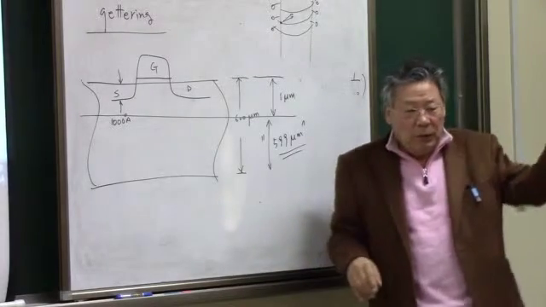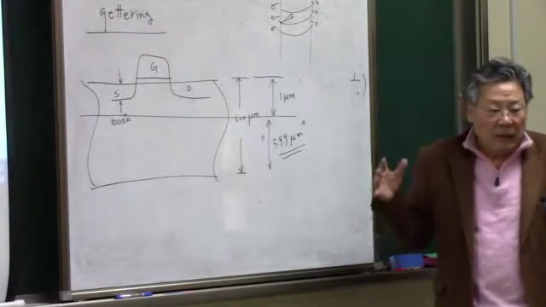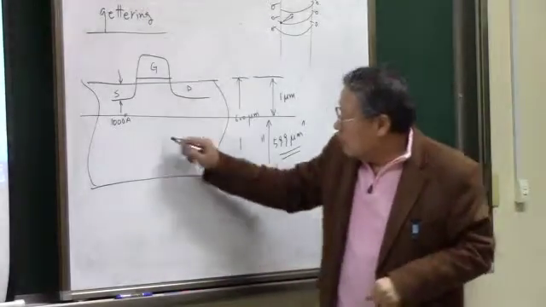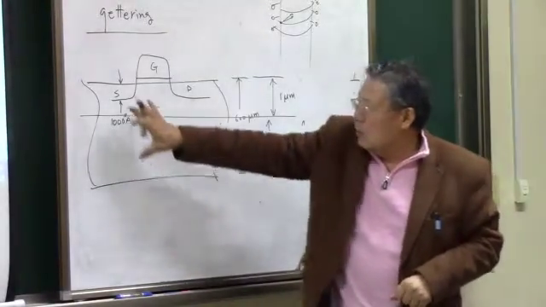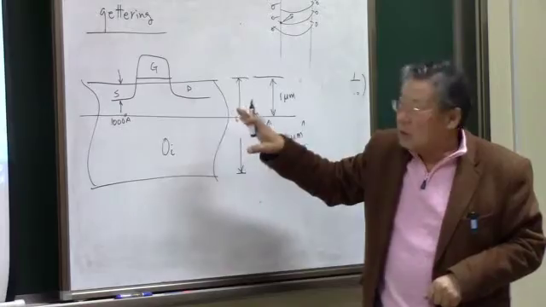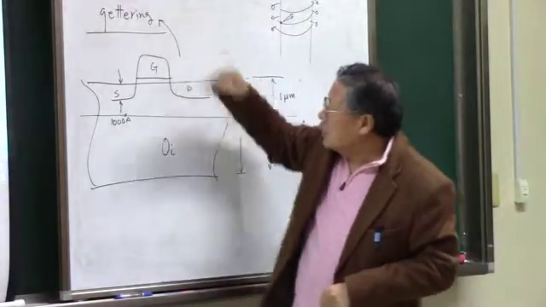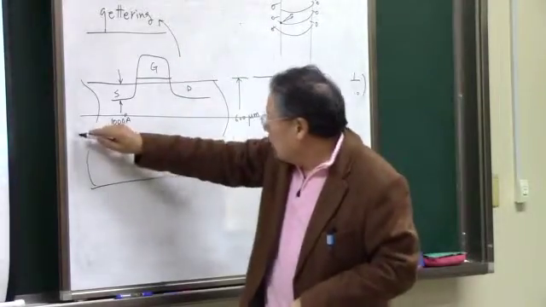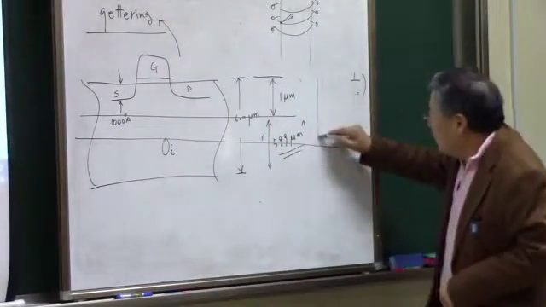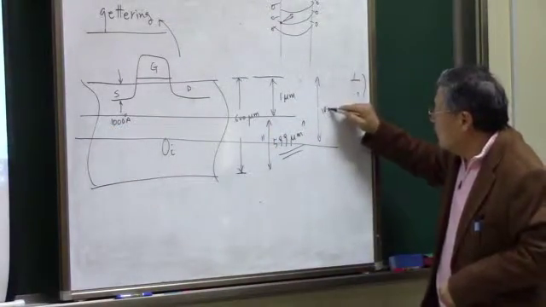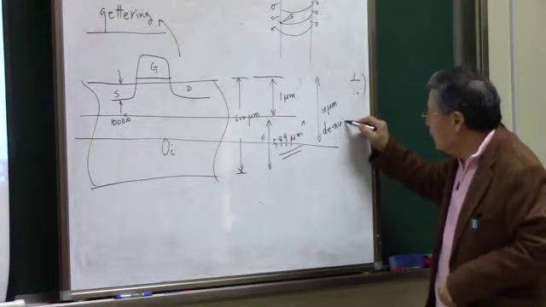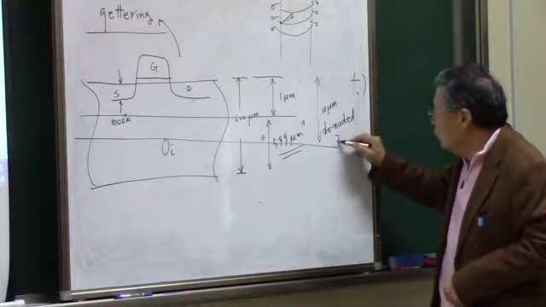So people try to use the Czochralski wafer, and it does have interstitial oxygens all over, but during the gettering process, you're going to create about a 10 micron, we call that the denuded zone.